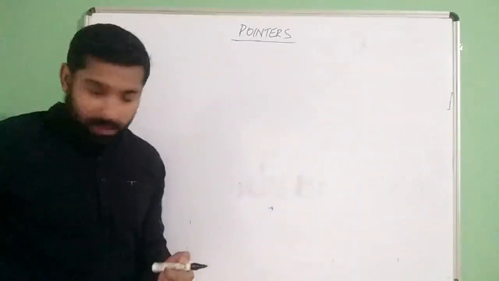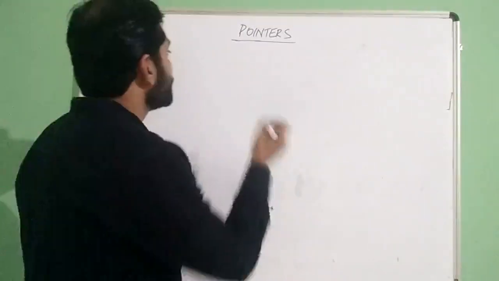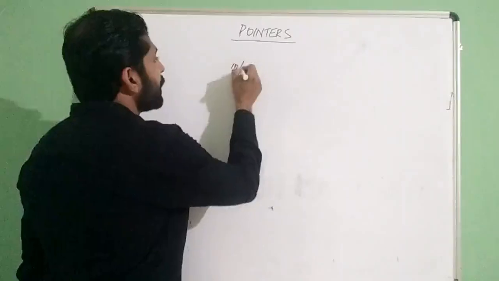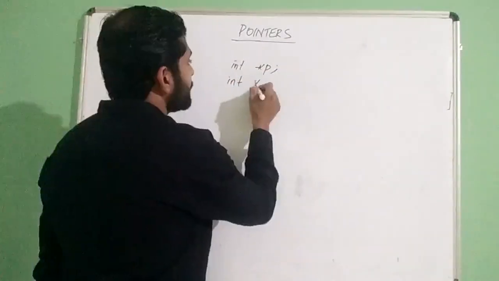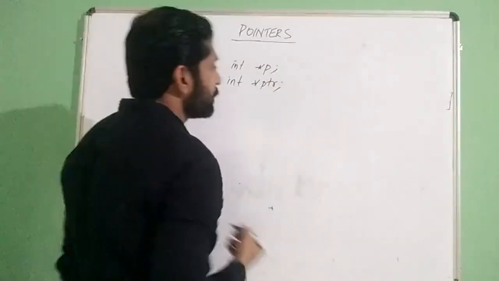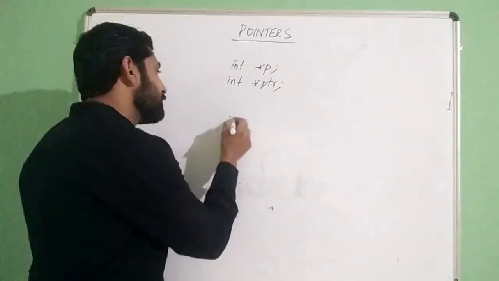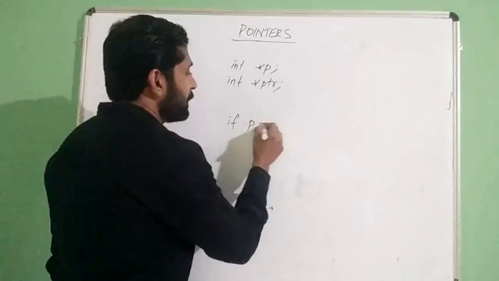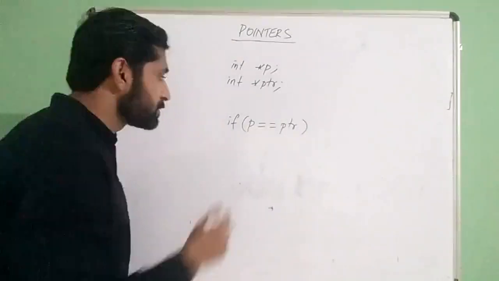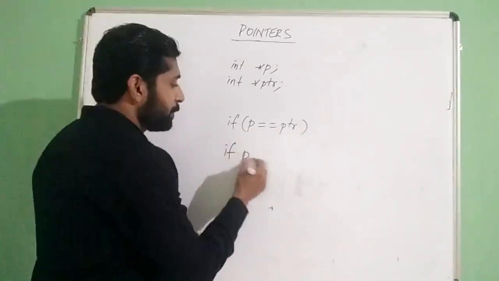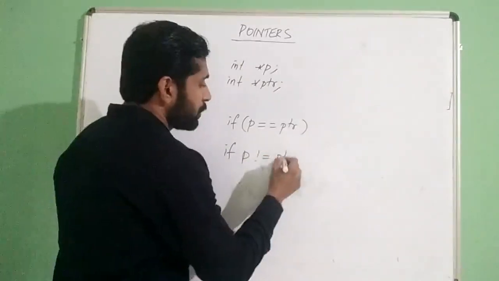Now we can only compare like this. int star p, int star ptr. We can make a statement like this: if p equal to ptr, or if p not equal to ptr.